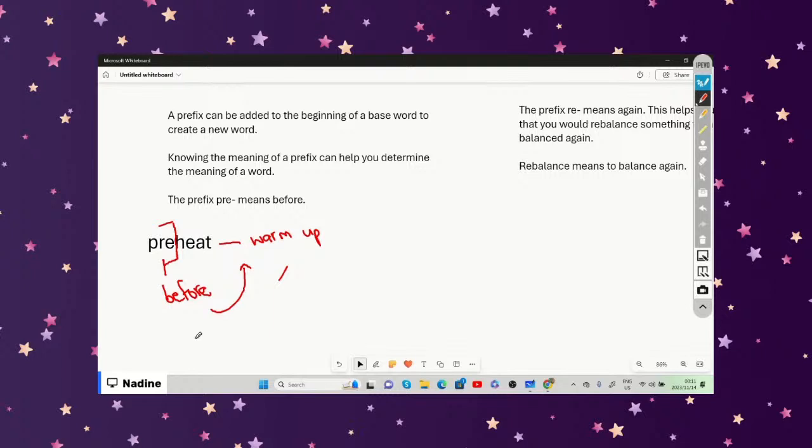Like we said, a prefix can be added to the beginning of a base word. Even in this case, preheat is pre plus heat, which means that the base word is heat, which means something. But as soon as pre is added to it, it changes the meaning.